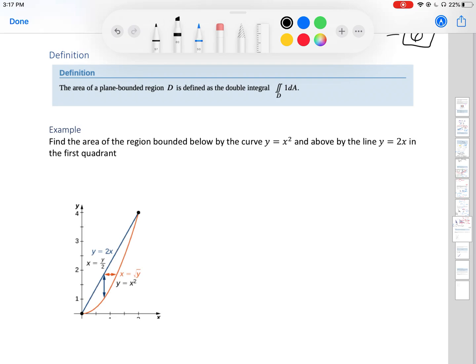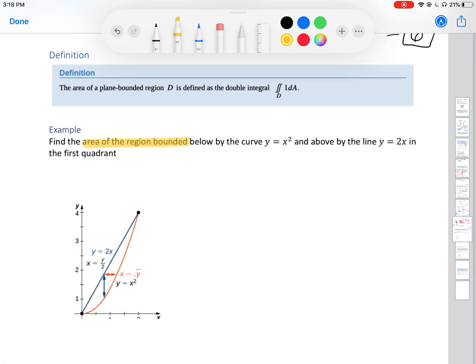Now here it's asking to find the area of the region bounded below by the curve y equals x squared and above by the line y equals 2x in the first quadrant. All right, so because it's asking for the area bounded, we know that we're integrating over 1. So now our job is to determine what type of argument we want our bounds to be in, type 1 or type 2.